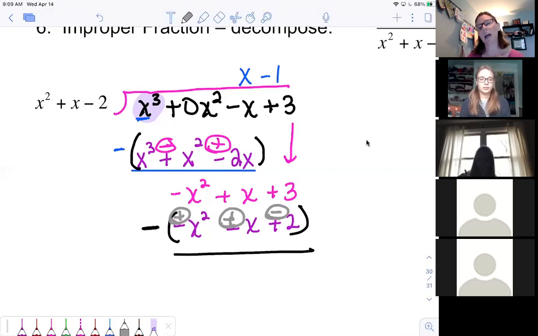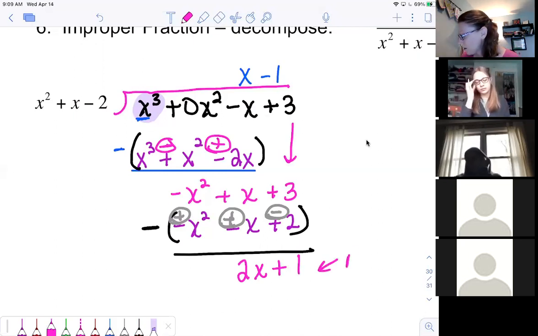So Peter, what are you left with after you divide? You're left with a 1. Anything else besides a 1? Oh, it'd be a 2x with it. Yeah. So this is our remainder.